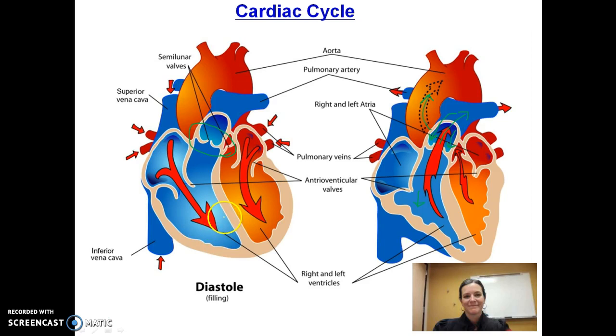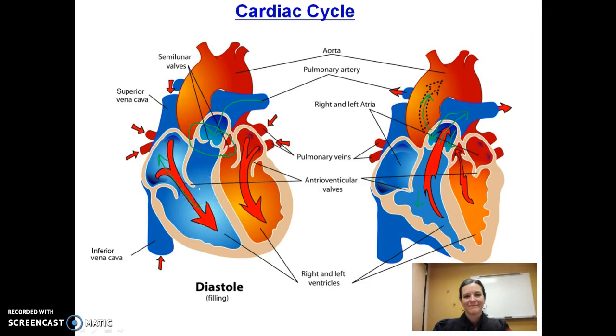So really, what we're seeing is that the function of all of these valves is really to prevent the backflow of blood. The AV valves prevent the backflow of blood into the atria during ventricular contraction or systole. The semilunar valves prevent the backflow of blood into the ventricles during ventricle relaxation or diastole.